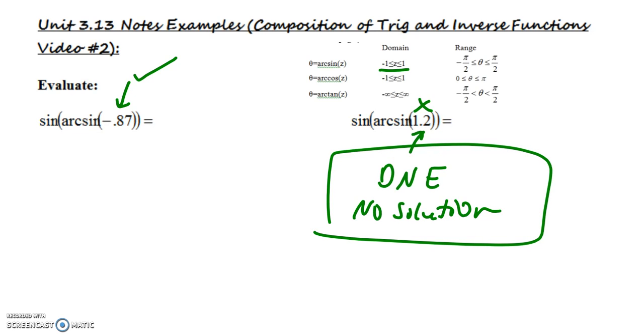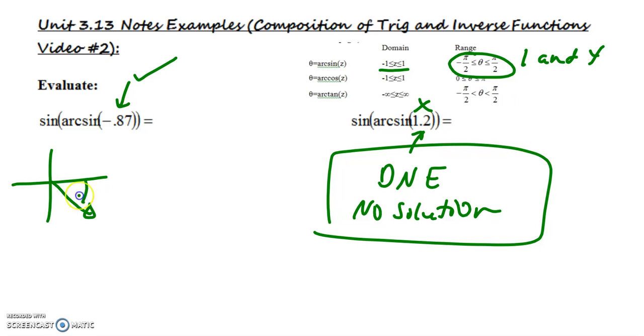However, the previous problem, if we think about that sine is restricted from negative pi over 2 to pi over 2, or in quadrants 1 and 4, that means to me that the arcsine of negative 0.87, that the angle is going to be in the fourth quadrant. So whatever that angle is, if in the calculator I type in radians, inverse sine of negative 0.87, I would get an angle of negative 1.055, which is in the fourth quadrant.